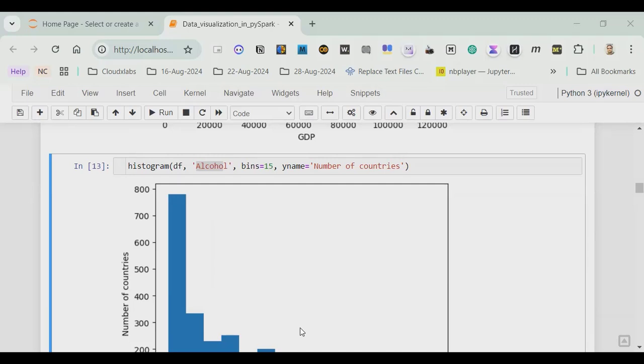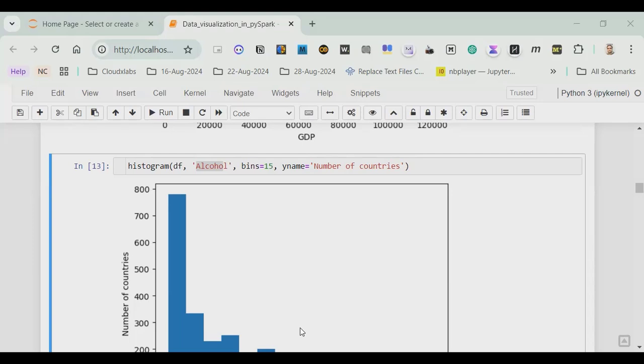Now in this case, what have I taken? First, we created one function, histogram, to generate a histogram for GDP and alcohol. From what data frame? DF, which is given here. So I just want to break down this entire code.